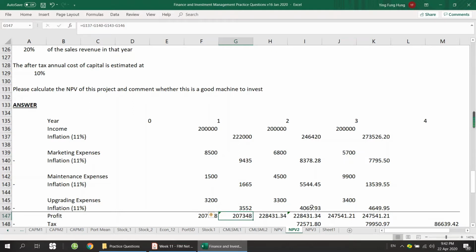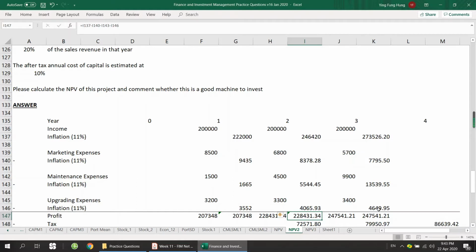And for the second year, it will be the upgrading expenses of 3.3 thousand, and then multiply this by 1 plus the 11% inflation rate and raise to the second power because it's the second year, and this will give us an answer of 4.06593 thousand.